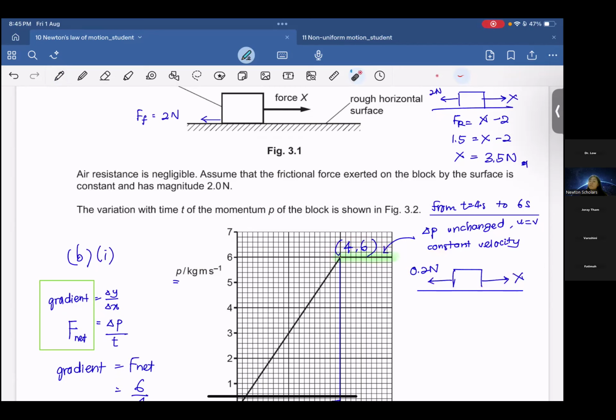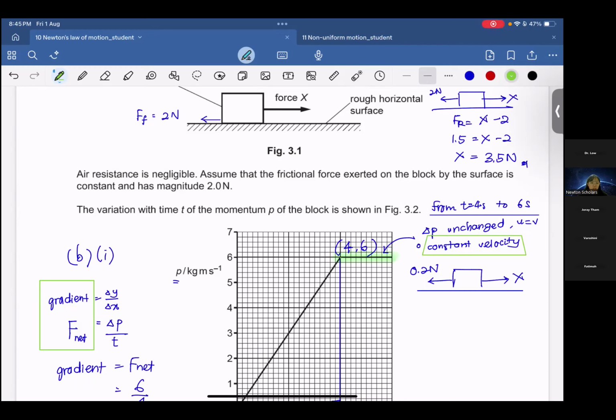Constant momentum means mv minus mu, the v and u are actually no change. It's constant velocity. The motion is constant velocity. Constant velocity means what? Just now the short note. Balanced force or unbalanced force?